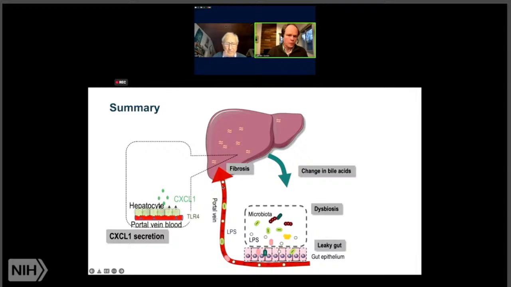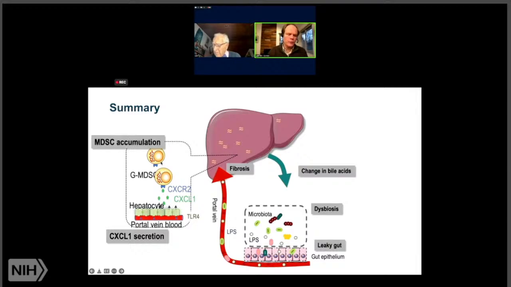And then what I've shown you here is that, through a TLR4 dependent mechanism, hepatocytes express CXCL1. The CXCL1 consecutively leads to an accumulation of these CXCR2 positive granulocytic MDSCs.